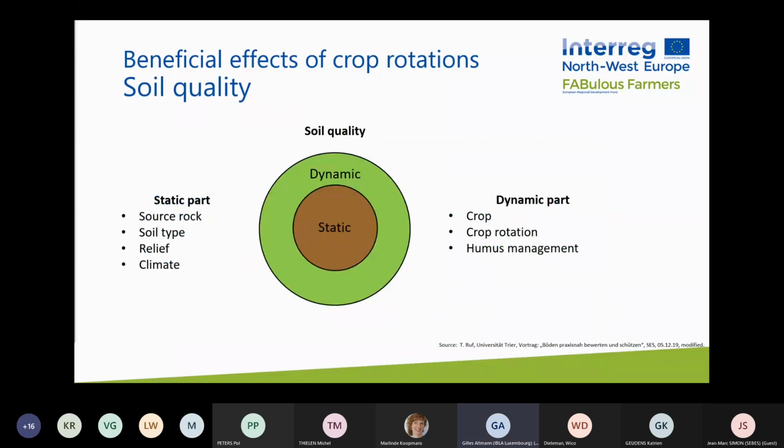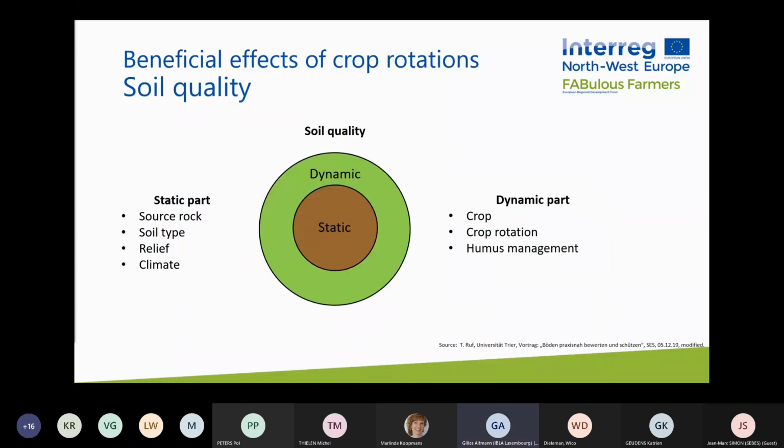So then I go into soil quality, which is linked to crop rotations. Of course, the basis for agricultural production is soil quality. And when we talk about soil quality, we have first a static part, and this is naturally given and can't be influenced by the farmer.